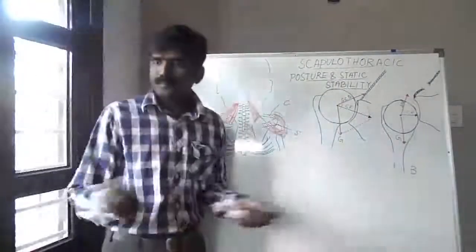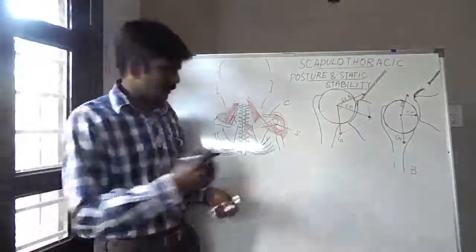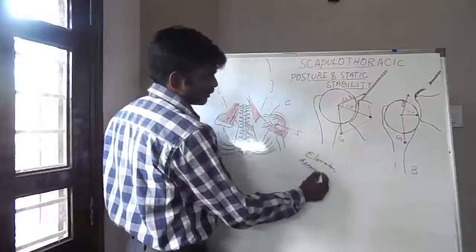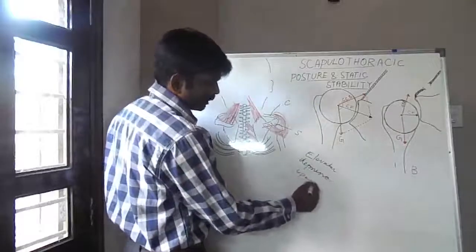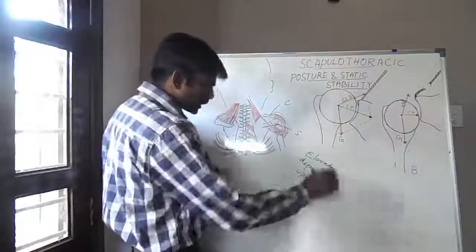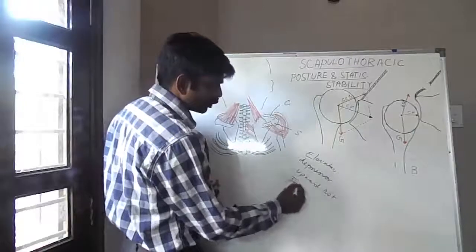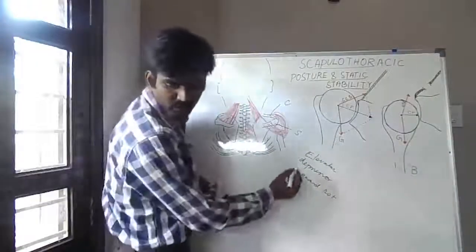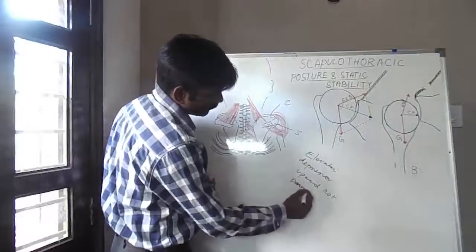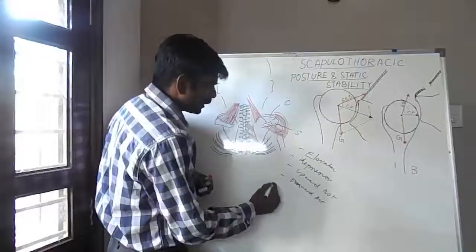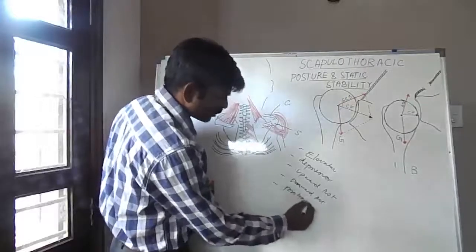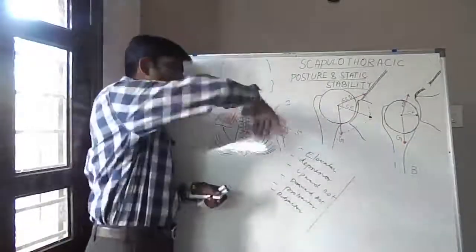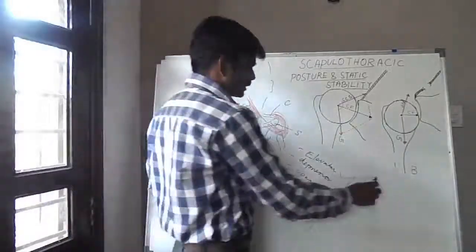What are the possible movements? That is elevation, depression, upward rotation, downward rotation, and protraction and retraction. So these are the possible movements in the scapulothoracic joint. Clear? So we will discuss the elevators.